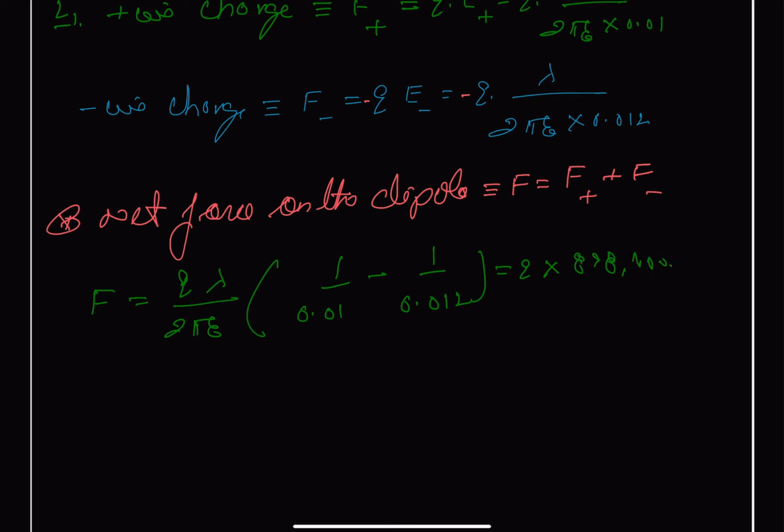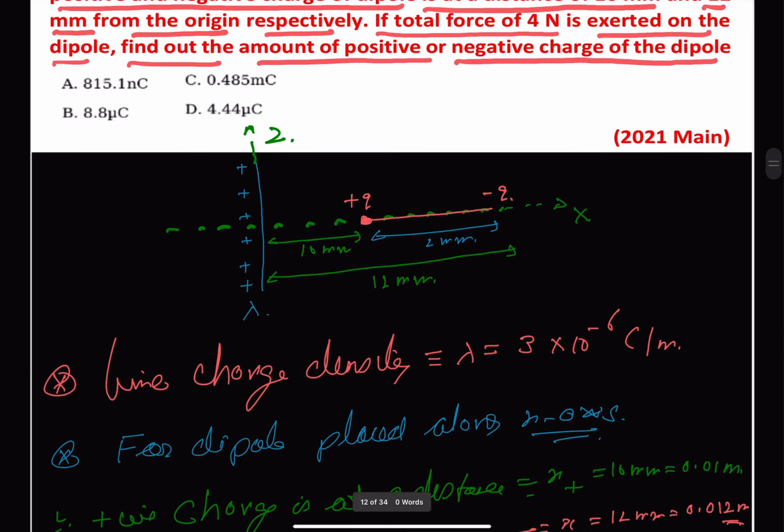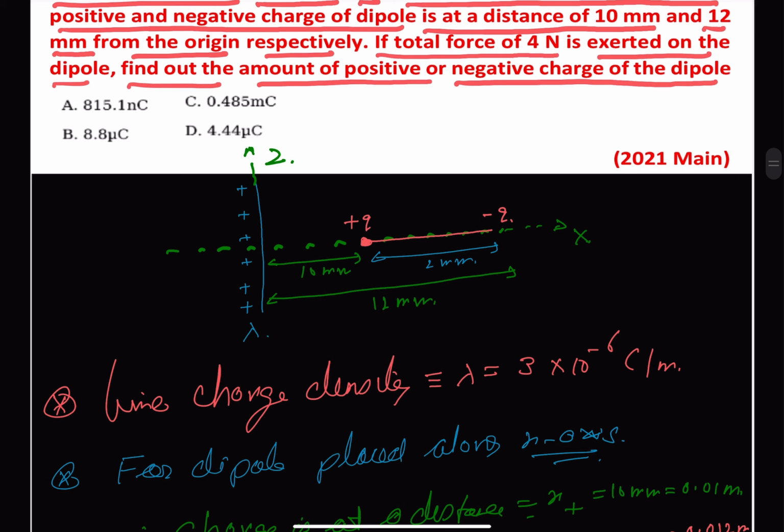But we are given this F as 4 net force, so we can say 4 is equal to Q times 898,400, which gives us that Q is equal to 4 divided by 898,400, which is approximately 4.45 into 10 to the power minus 6 coulombs. So option number D is correct.